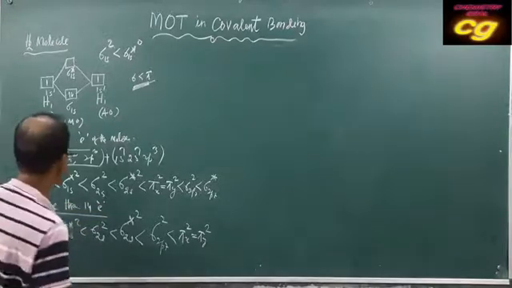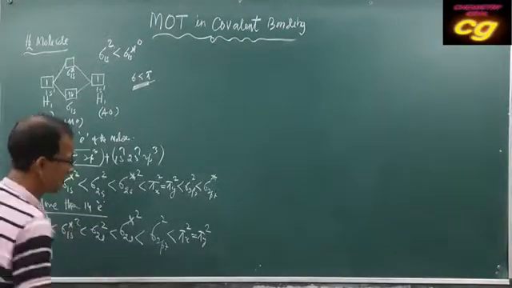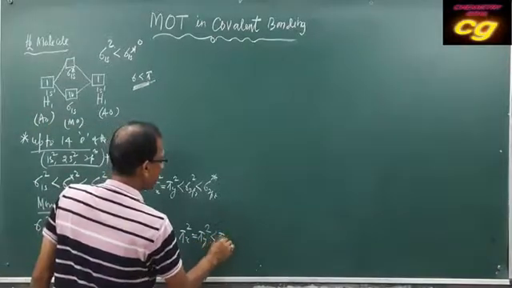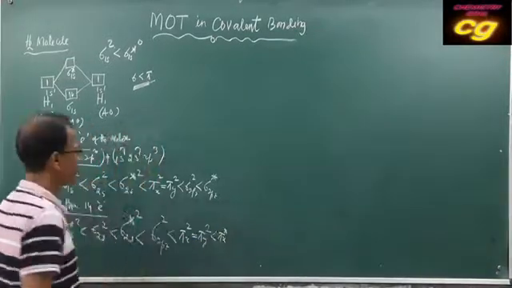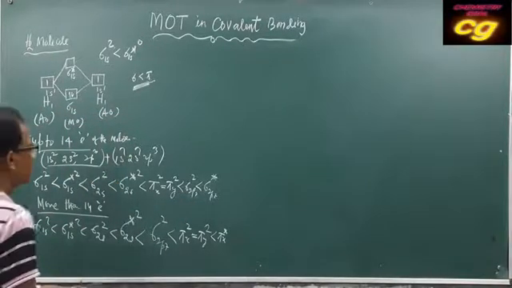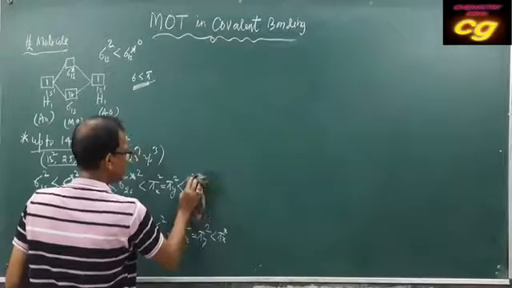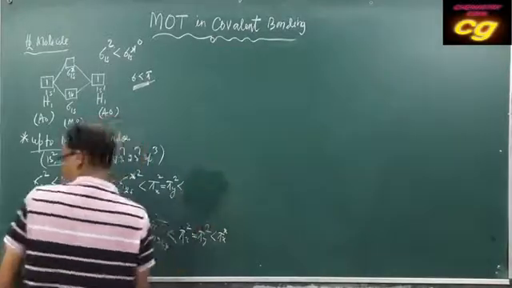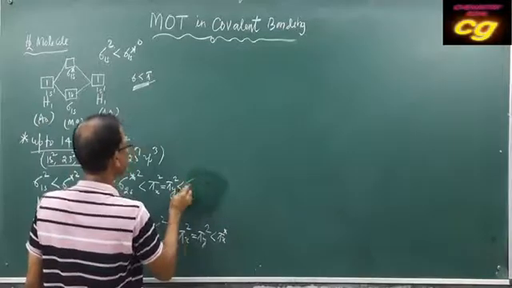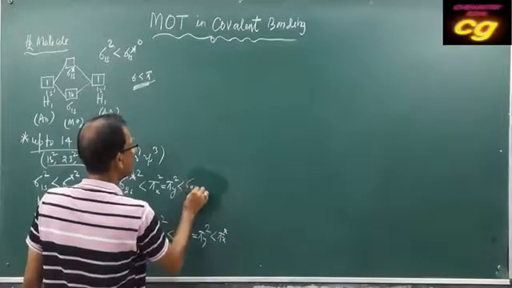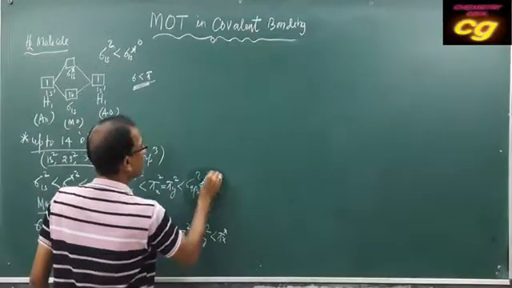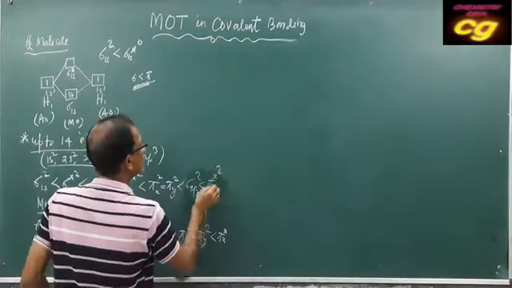Let it be 16. Take 16 like this. Sorry, I have not written the star here. Here star will be written. First sigma 2pz2, then the star of this one, pi x star 2.